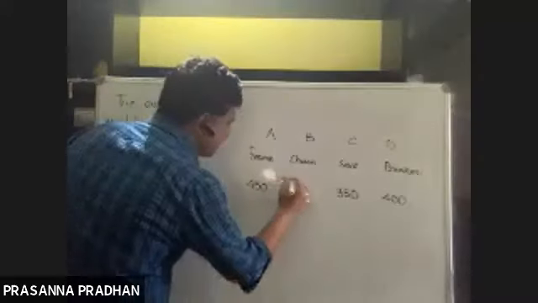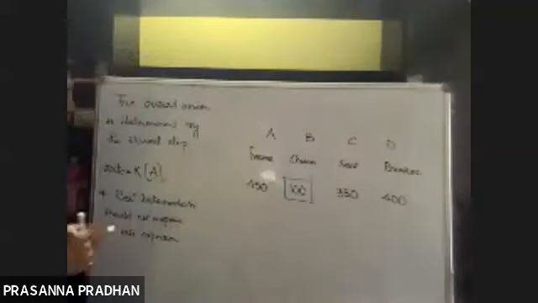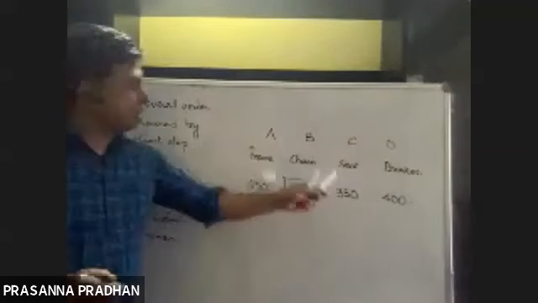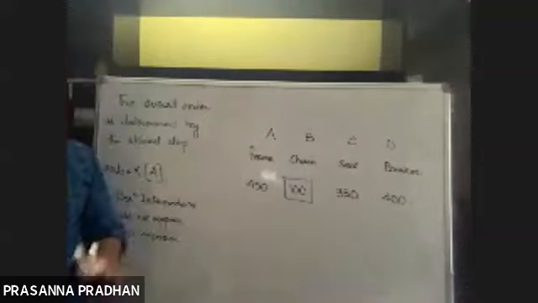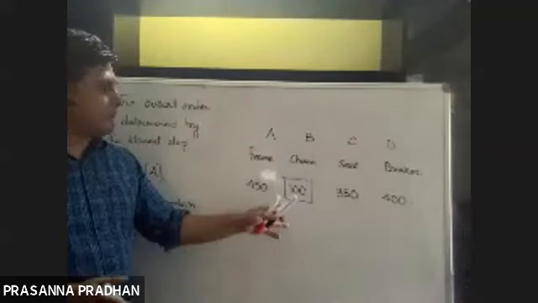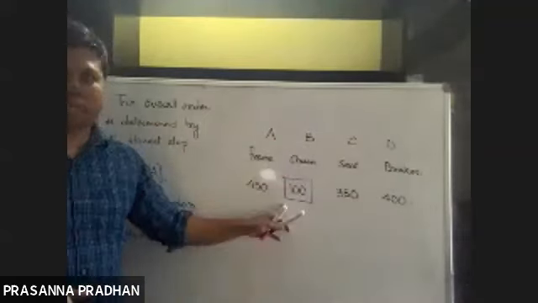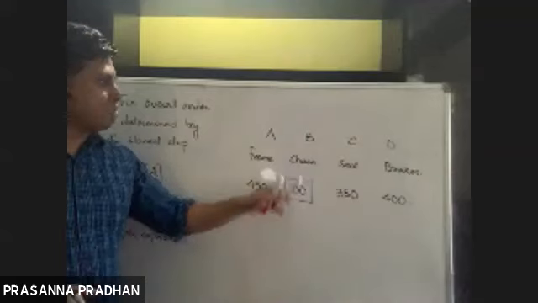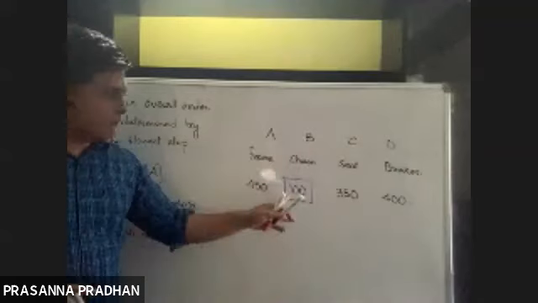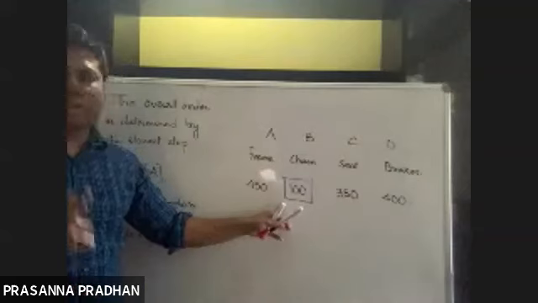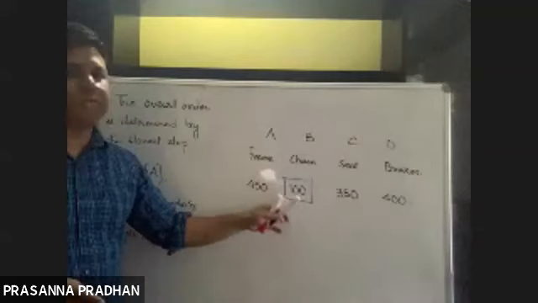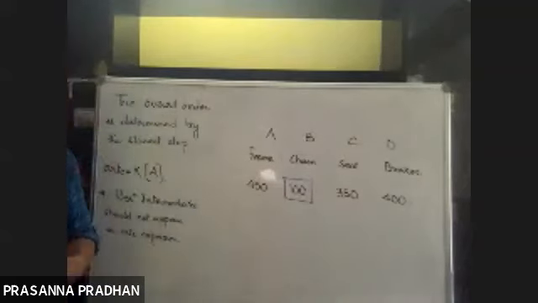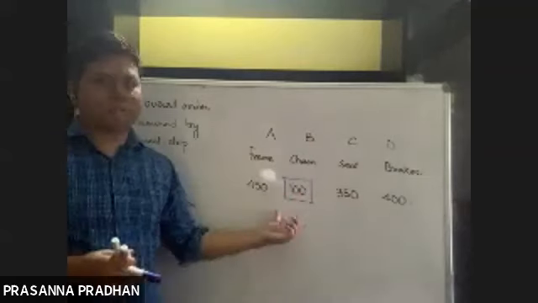Yes, 100. You can't have a cycle without a chain. So no matter how fast the other workers work, the rate of production of cycles will be determined by the rate of the slowest worker. The slowest worker produces 100 chains, so on that day only 100 cycles will be manufactured. So it's quite important to be slow sometimes.